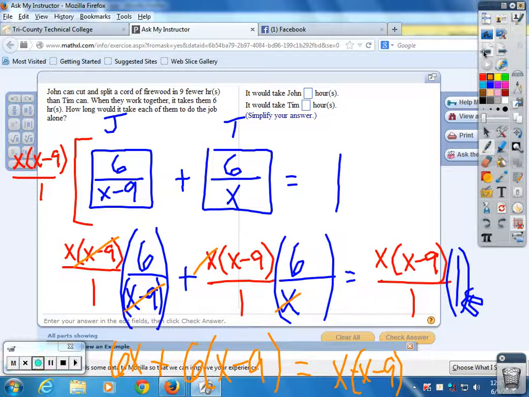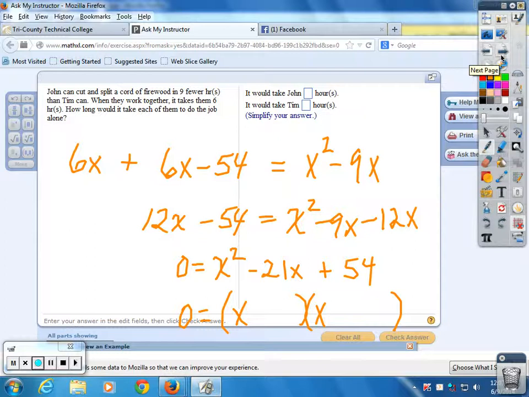It's 18. Where? 54 divided by 18 is 3. That would be 21. Yeah, the 54. 54 divided by 18 is 3, and that would be 18 times 3. See? There's a prime example of not listing all your factors. I did that on purpose, to make sure that y'all do that.